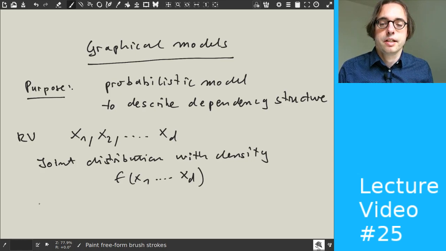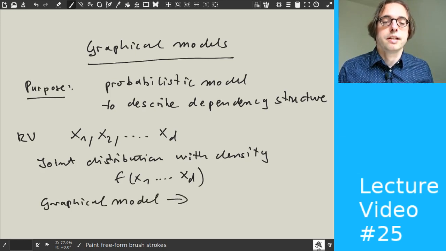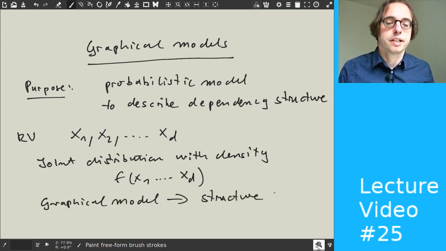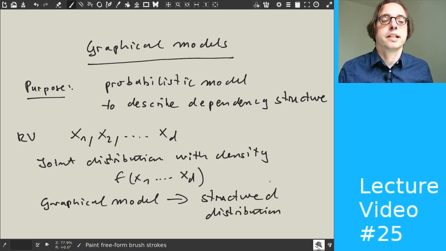So we have a structured distribution, and the purpose of a graphical model is to provide a language so that you can immediately see from the graphical model what the underlying joint distribution is and what the conditional dependencies and independencies are.